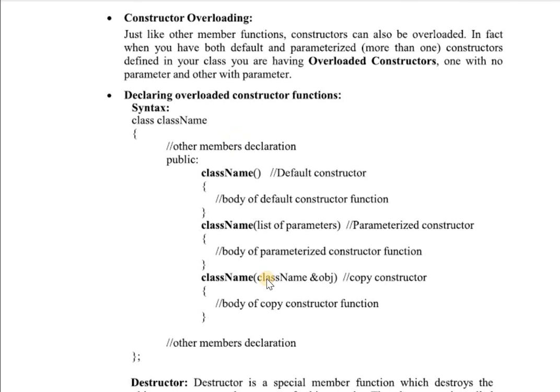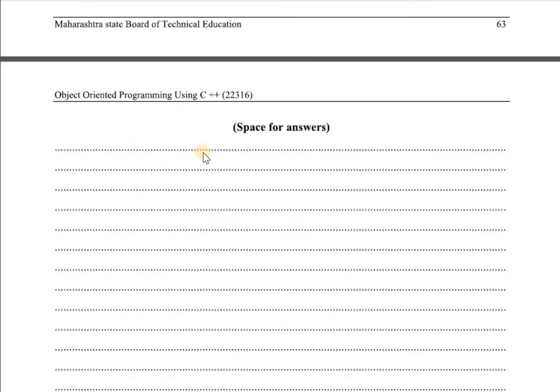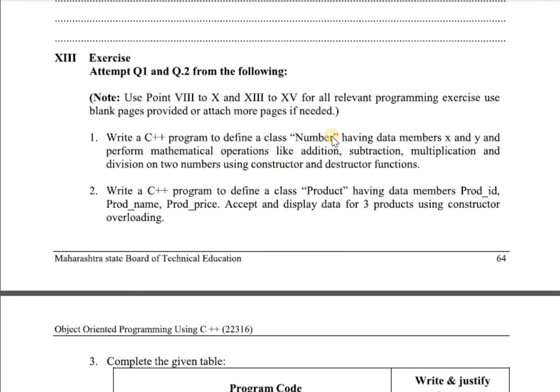The syntax is already given in the lecture section. I will give you one example of constructor overloading. See that example and solve these two questions. Okay, in the exercise you want to solve these two questions.